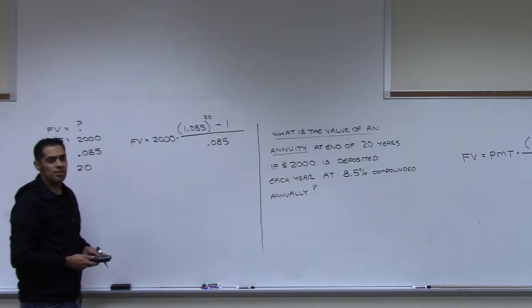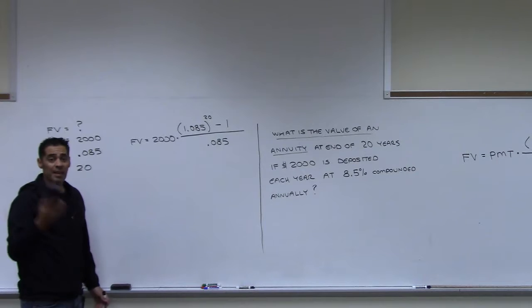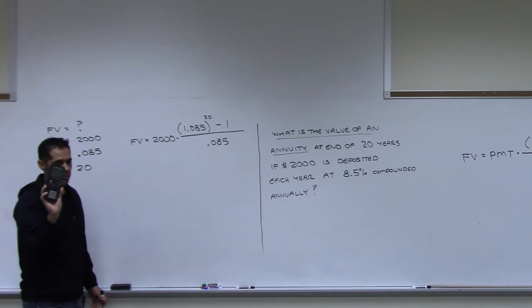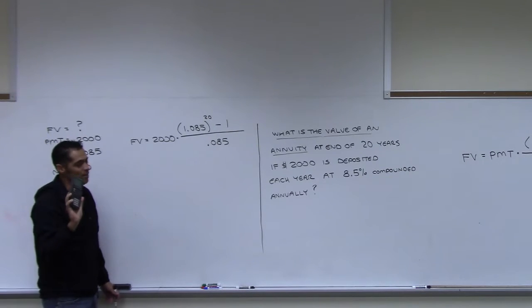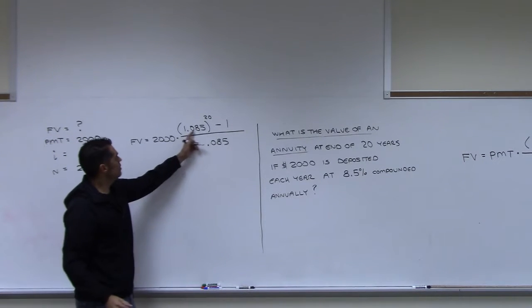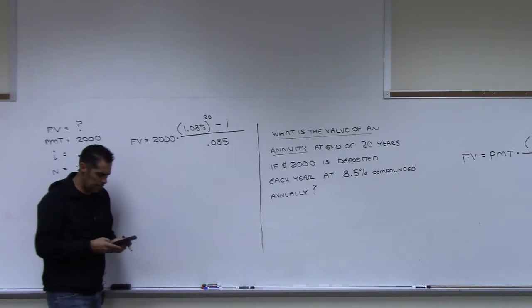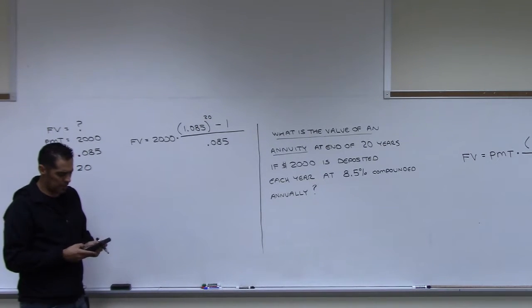So where are we going to start here? Where would you start if you were going to start calculating this? I mean, you can type this all in at one time, but you've got to be really good with this. You've got to understand where all the parentheses go. And so, I mean, I would take it step by step. This right here to the 20th. Let's do that. Okay, 1.085 raised to the 20th power.